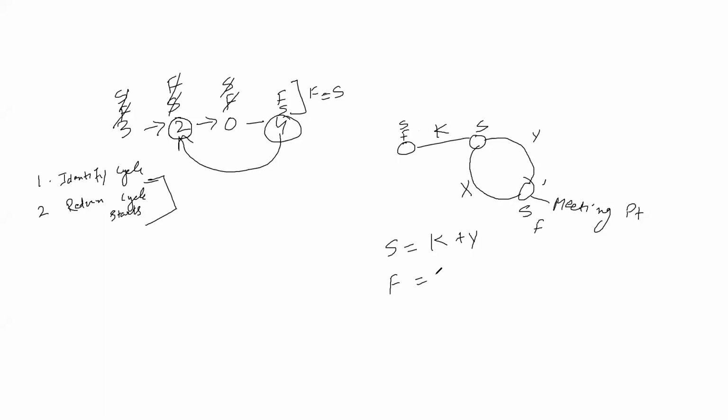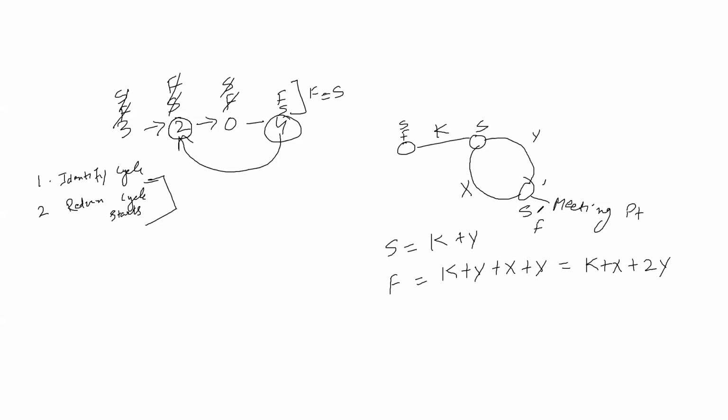So first fast took k plus y, and by the next iteration of the slow pointer, when slow came here, fast took another cycle, x plus y, which becomes k plus x plus 2y.